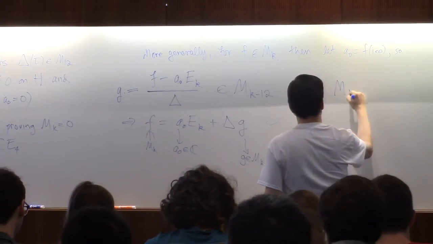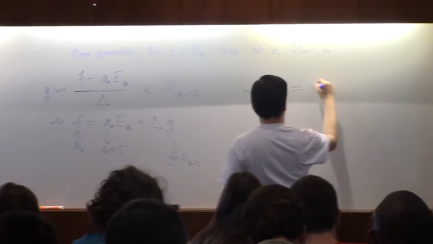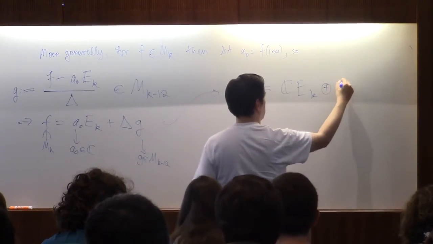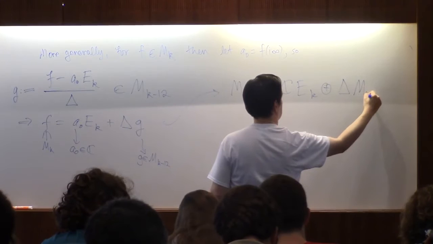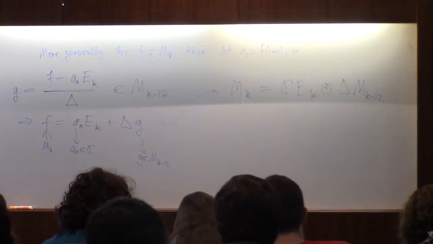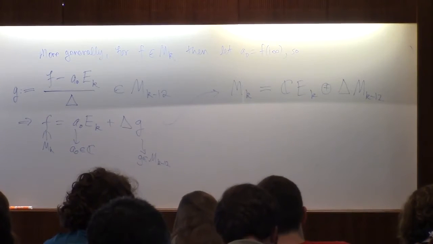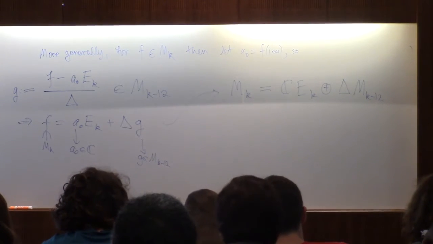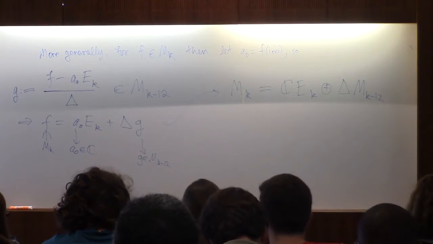So in the language of vector spaces, I can say I have a direct sum decomposition. The whole space is a direct sum of the scalar multiples of EK, that vector space, plus the vector space M K minus 12, just multiplied by the function delta. And so therefore, well, okay, you asked about is there a restriction on the value of K. Of course, this makes no sense if K is 2.